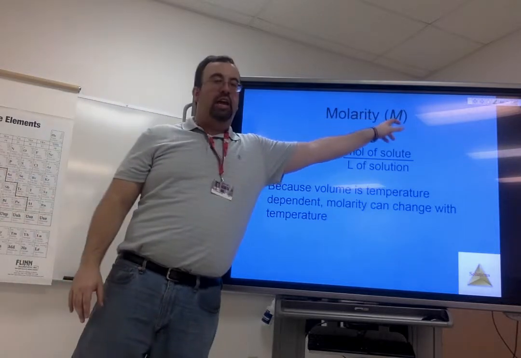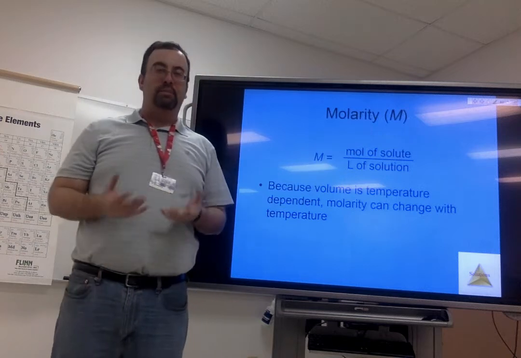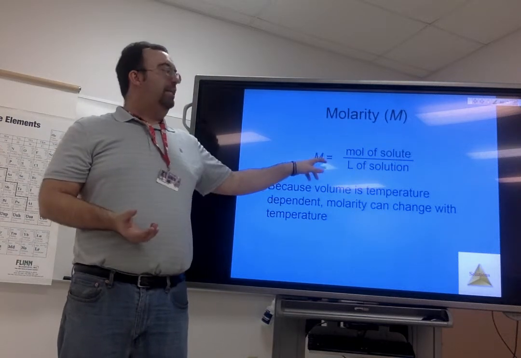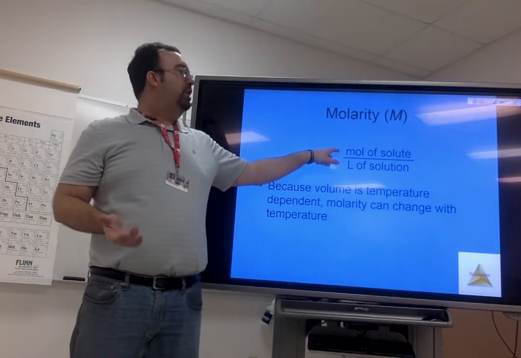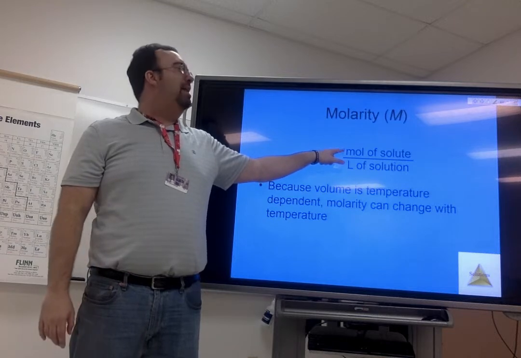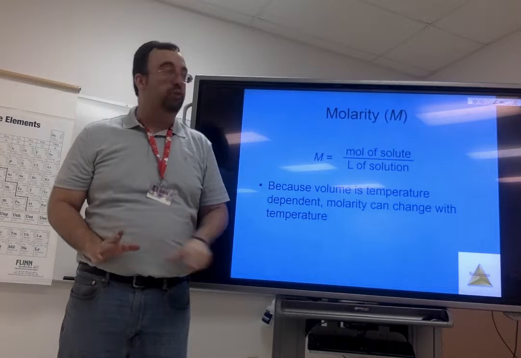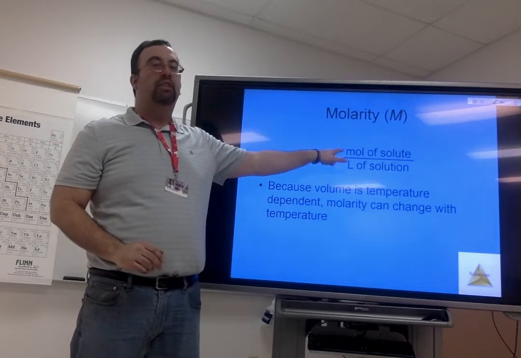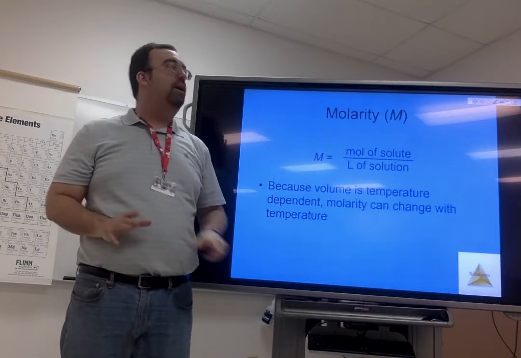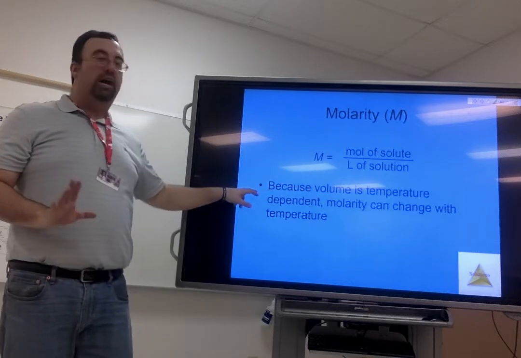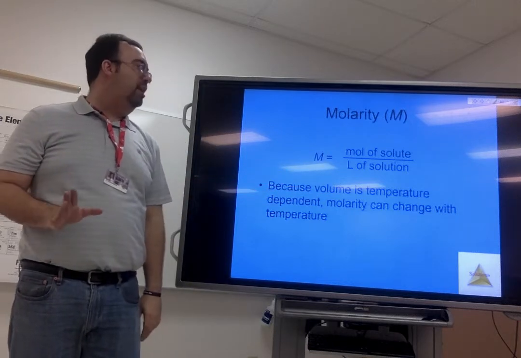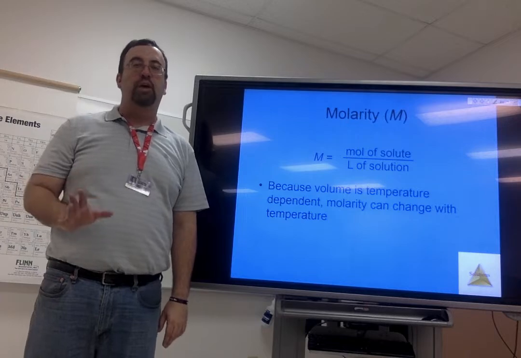We're going to use the abbreviation capital M to symbolize molarity. To calculate molarity, we're going to take the moles of the solute and divide it by the liters of solution. So the solute is on top and the solution is on the bottom. And because volume is temperature dependent, molarity can change with temperature.